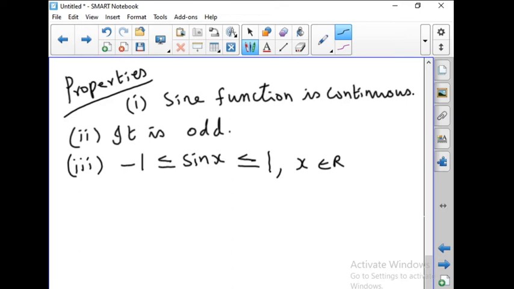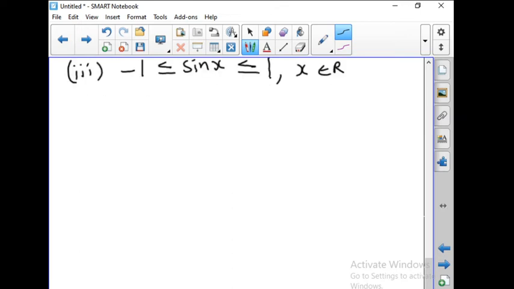So the sine function is not 1 to 1 in the entire domain, that is R. So the sine function does not pass the horizontal test.